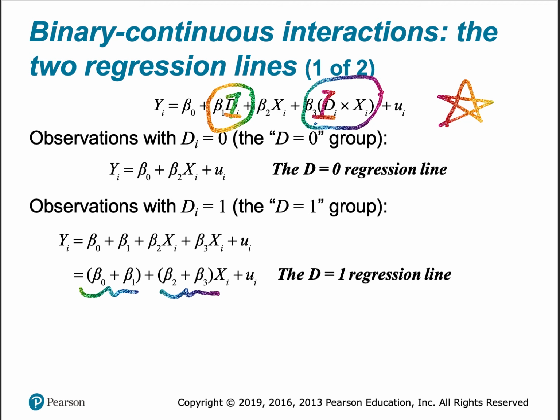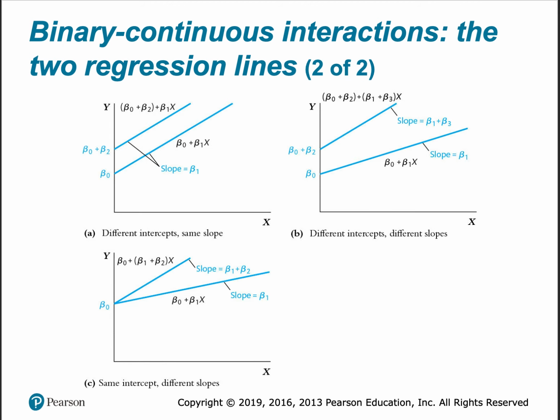Let's look at this on a plot. Really there are just two different scenarios. On the left, there's no interaction term, so the difference between the two lines is just the shift in the intercept, that is beta 1.